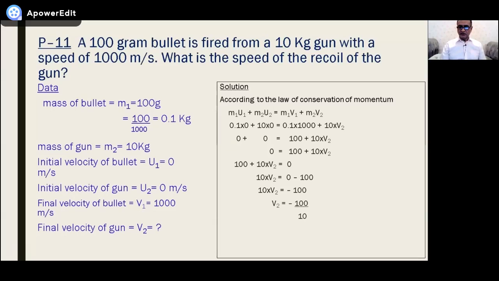And the answer is minus 10 meter per second. What does the negative sign show? It shows that the gun is going in the backward direction, in the opposite direction. So what is the speed of the gun? 10 meter per second. What is the speed of the recoil of the gun? It is 10 meter per second.